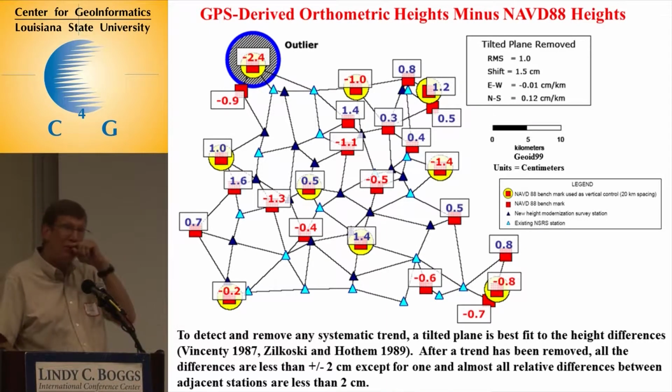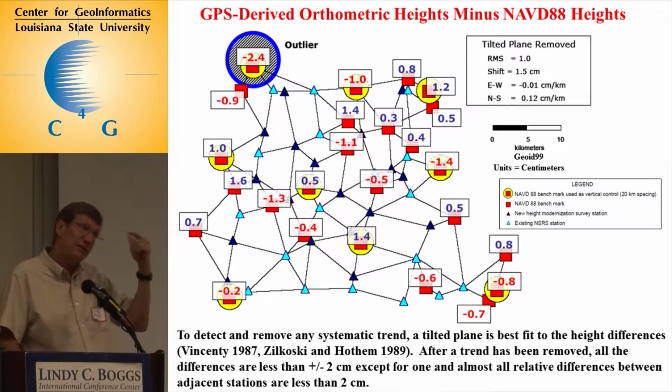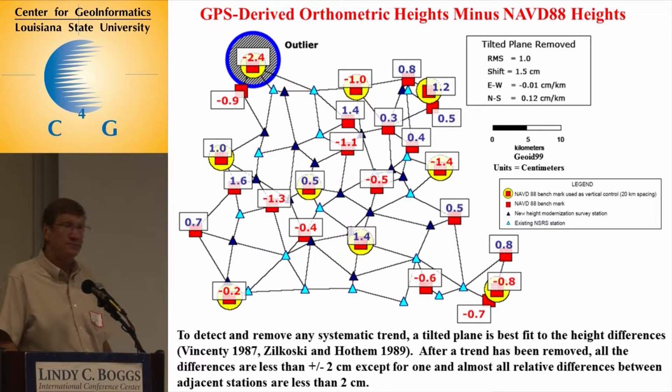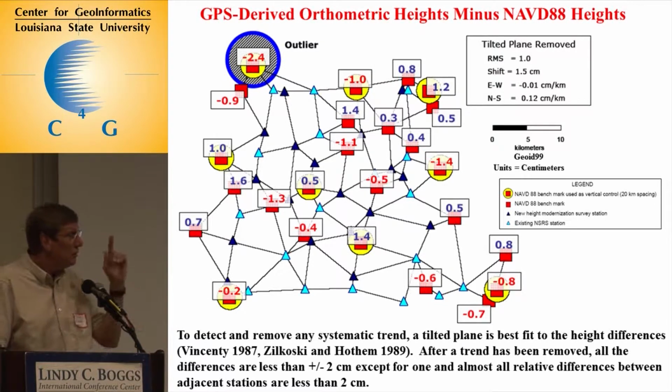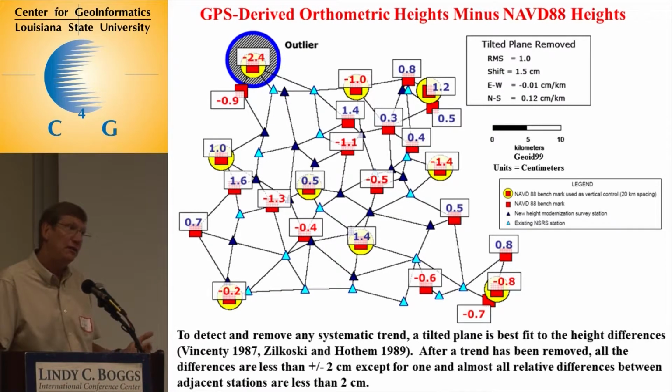West of the Mississippi, you still could have some, because think about that diagram I showed you. That's where there's a lot less NAVD88 on benchmarks west of the Mississippi than east of the Mississippi. So east of the Mississippi, this part of the country, I don't think you're going to see a lot of large tilts. I think it'll be small. You still got to look and see, because there could be some remaining, could be in your published 88s.